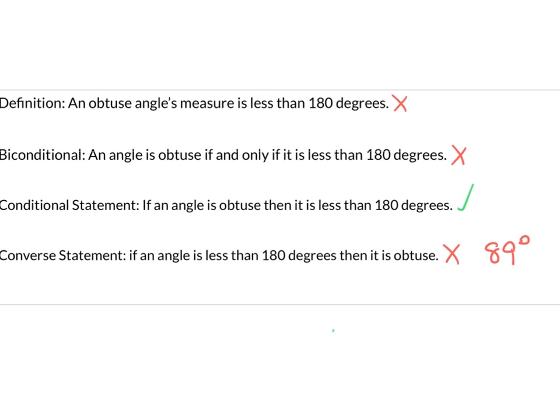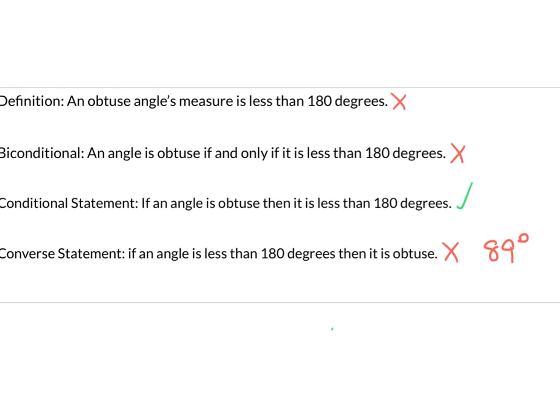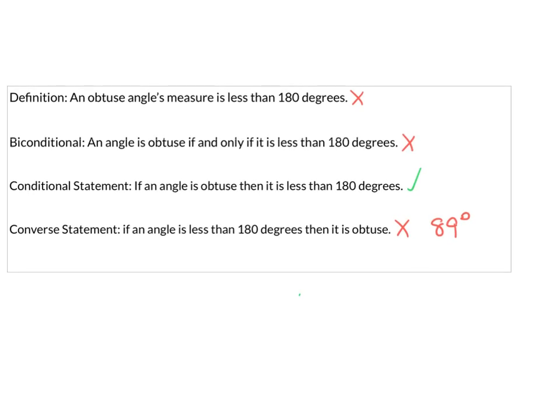If either the conditional statement or its converse is false, then the biconditional and the definition are false. Even if one of them, say the conditional statement in this case, was true, if one of the two fails, then the definition fails.